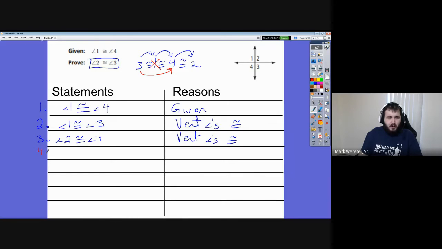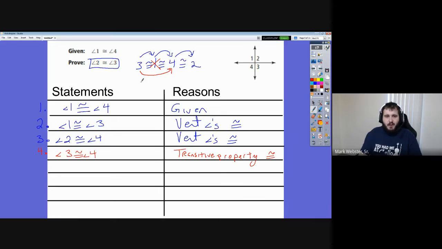So step 4, by the transitive property of congruence, I can say that angle 3 is congruent to angle 4. I put the train together. Now I'm allowed to leapfrog over 1 and get to 4.